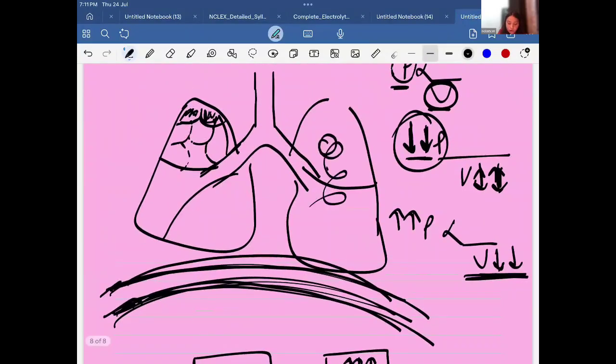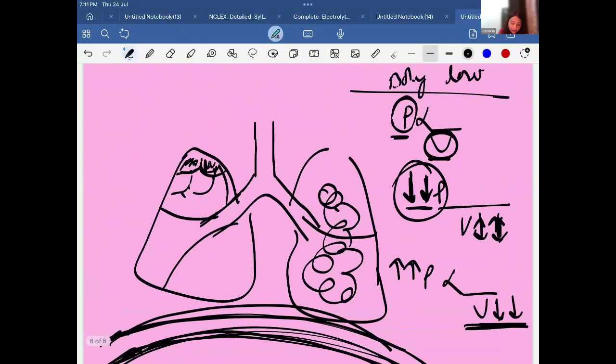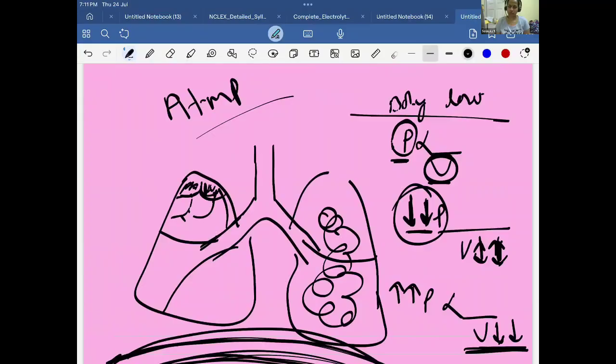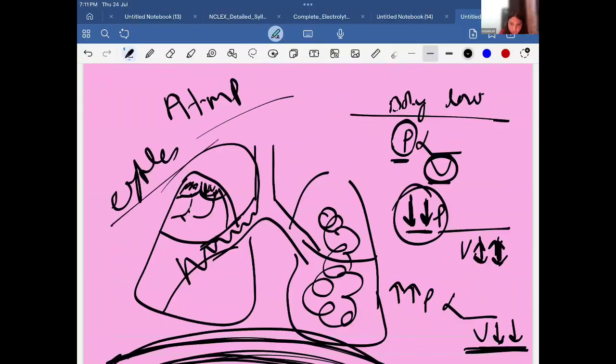Now your lungs will have more pressure as compared to the atmospheric pressure. Air moves from high pressure to low pressure. This is called diffusion. This is what you know. So air from your lungs will expel out. Yes or no? Yes, ma'am.